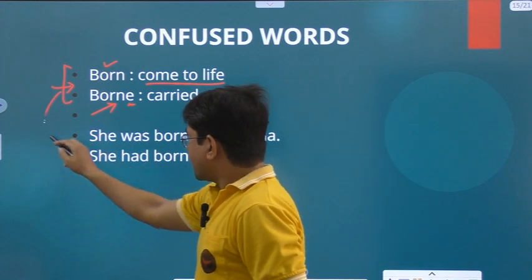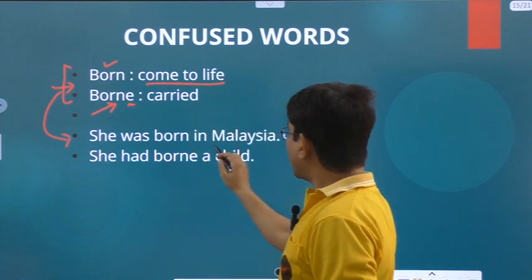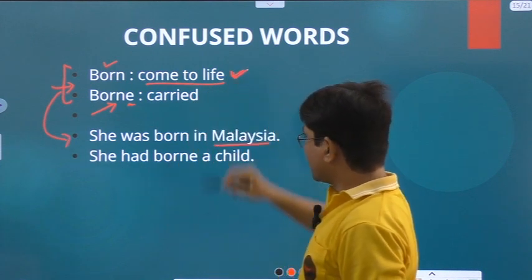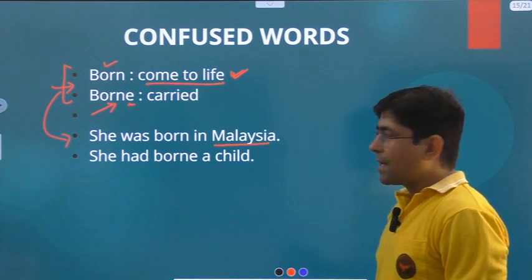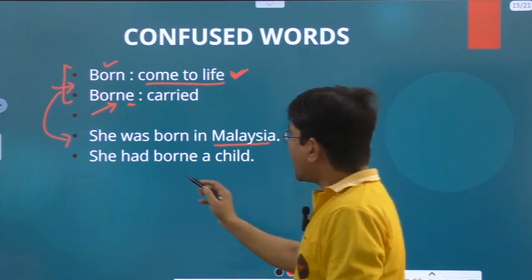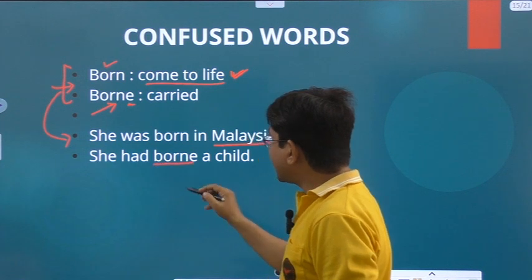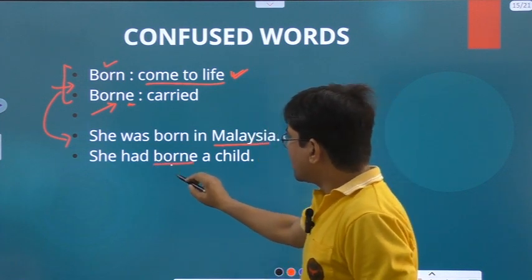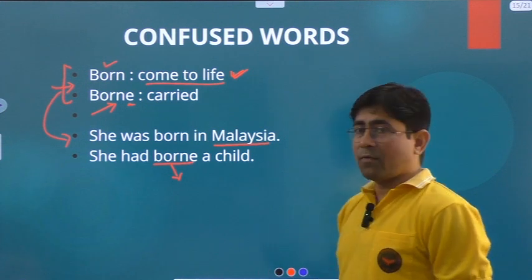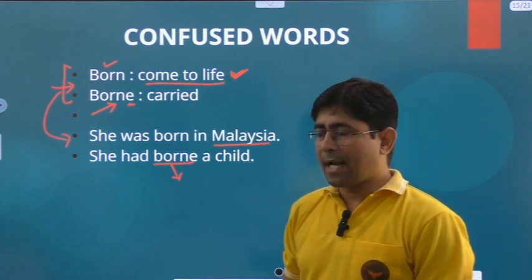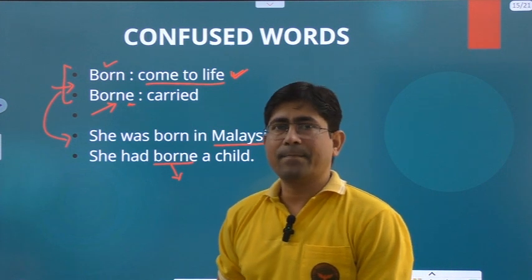Use these 2 words in your sentences. She was born in Malaysia, means she came to life. And she had borne a child, means she had carried a child. She had taken birth of a child. She had delivered a baby, you can say.